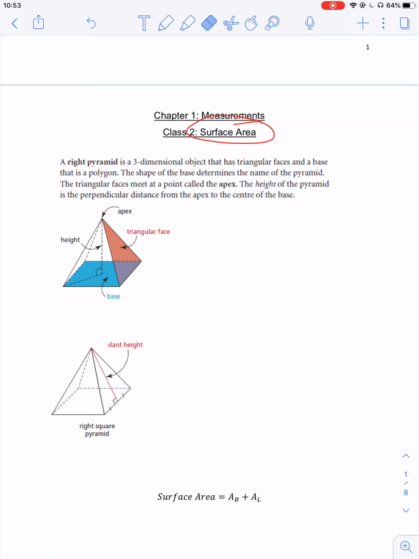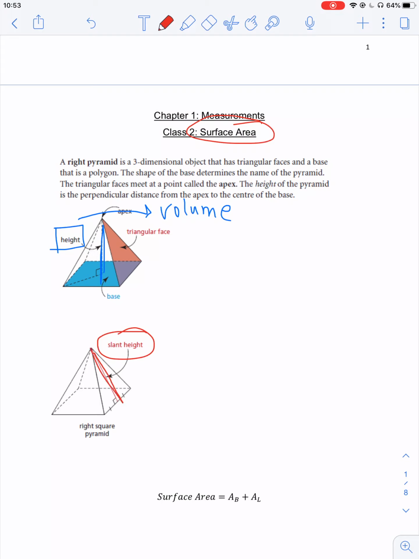This is useful when you're calculating volume. But when you're finding surface area, you're not interested in this height, which is inside your pyramid. You're actually interested in slant height. Both of the words use the word height in there, but there's a key difference. Slant height is the height of your triangle.